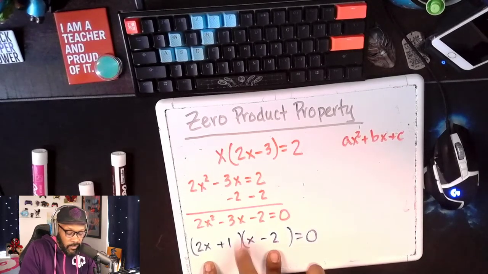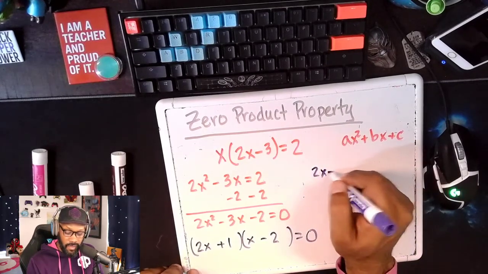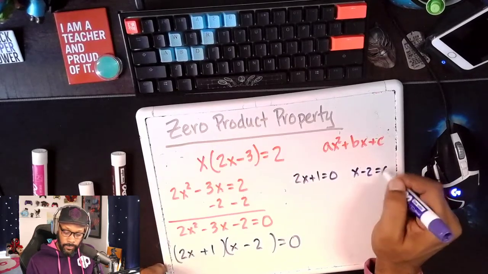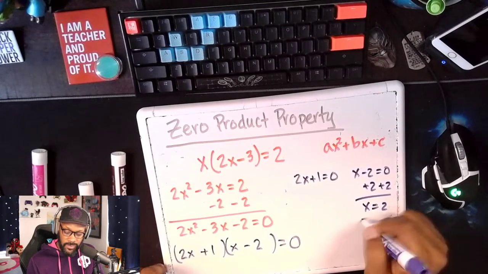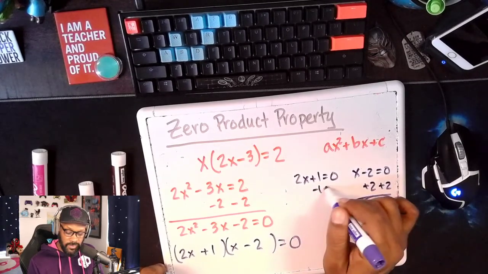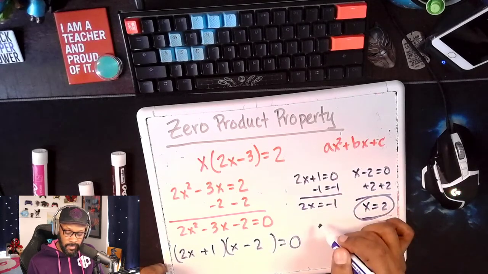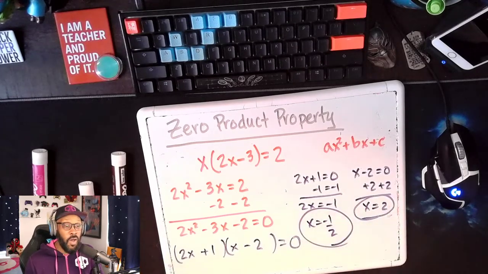That's going to give me a positive 1. It gives me that negative 3. And now I can solve. Plus 2 on both sides. I get an x plus 2 here. And then if I subtract 1, x equals negative 1/2. Okay?